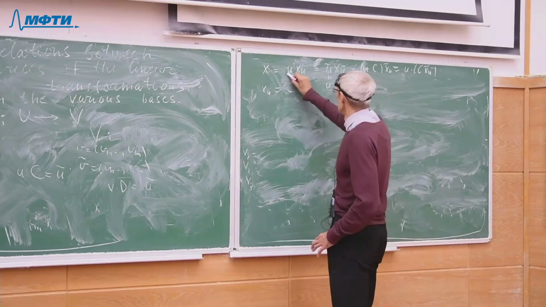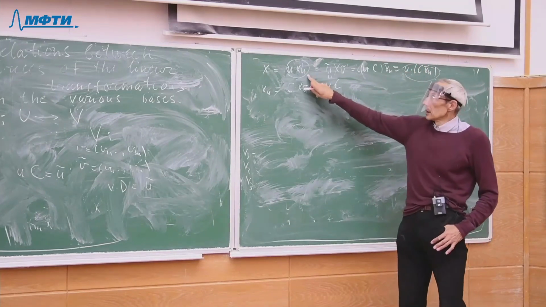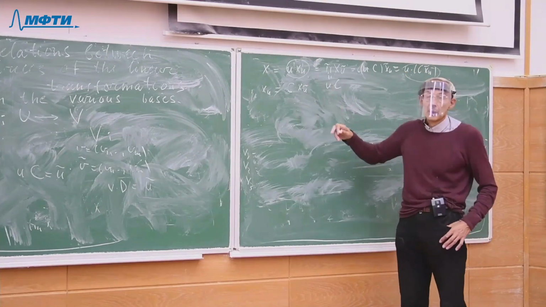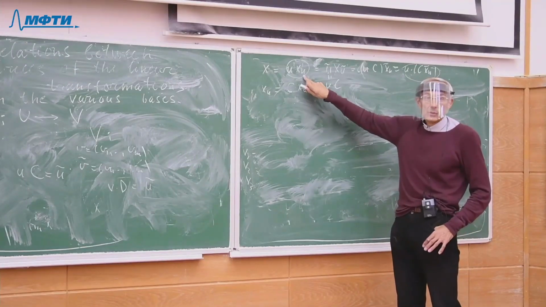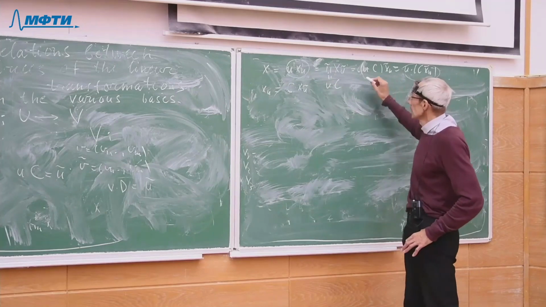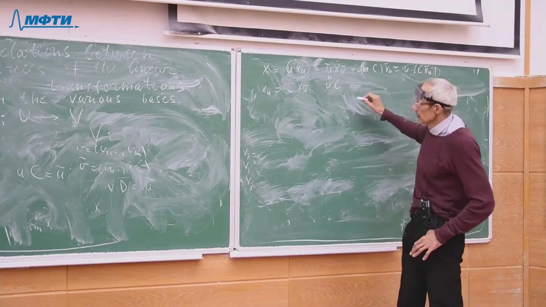If you compare this expression and this expression, and we know that the decomposition of the vector in a basis is unique, it follows the equality of the coordinate vectors, namely this equality.